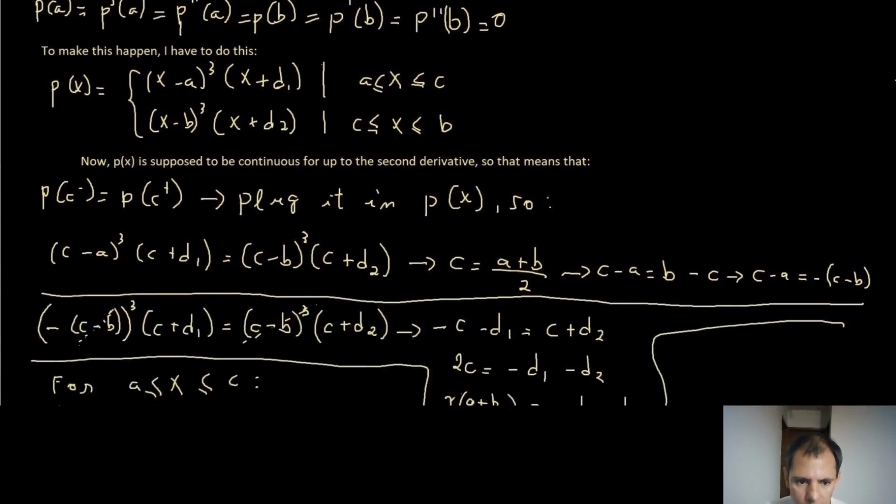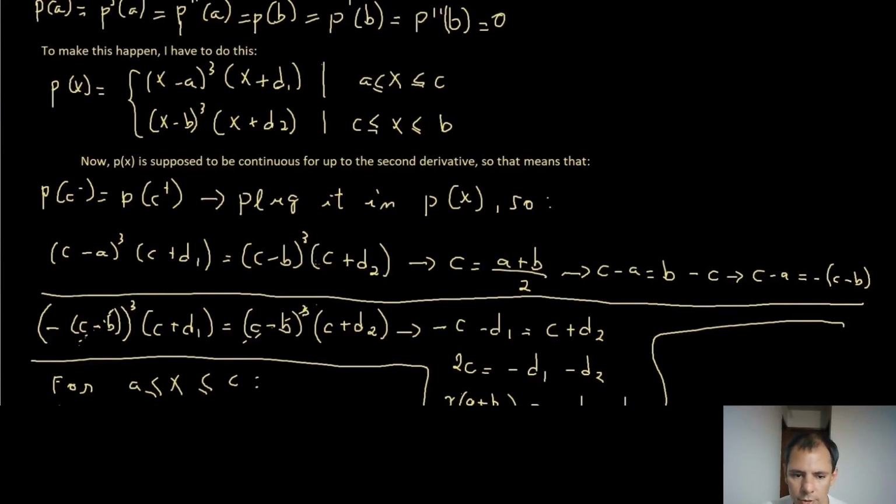So if you plug in p of c minus, you're going to use this equation: you put a c minus a, and c plus d1 equals... Now you're going to use this equation because this one means p of c plus. So c minus b cubed c plus d2. You want to equate these two.